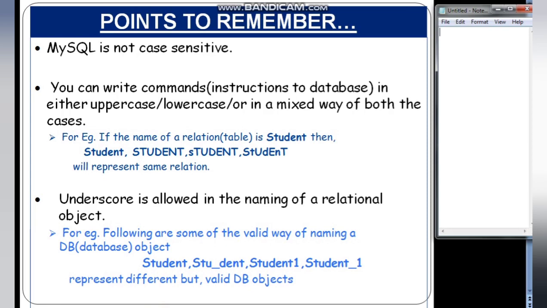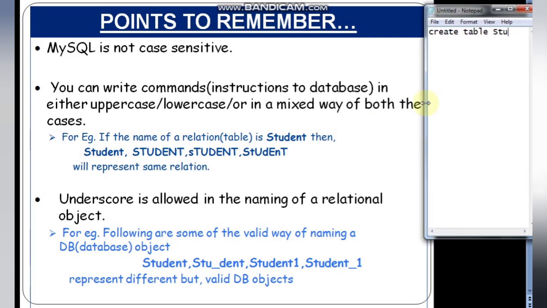But if you are creating a table, and you have given the name of the table as stu, okay, fine, there is no problem. Now instead of this, suppose you are giving the name as student.